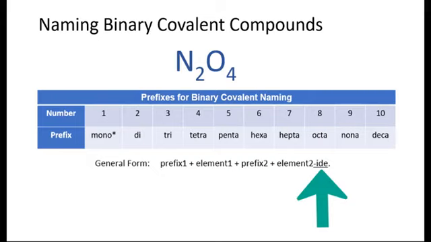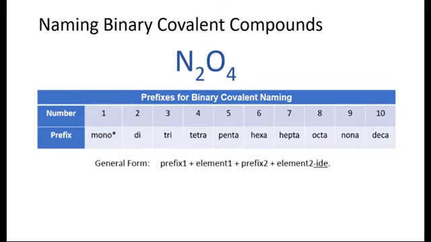So when we put the name together, our first element will still have its full name, but the second element will have the ending IDE. This is the same as what we encountered when we did anions. So instead of fluorine, we'll have fluoride. Instead of oxygen, we'll have oxide. Don't be too concerned about exactly the right spelling, just see what sounds right and most likely you'll be correct.